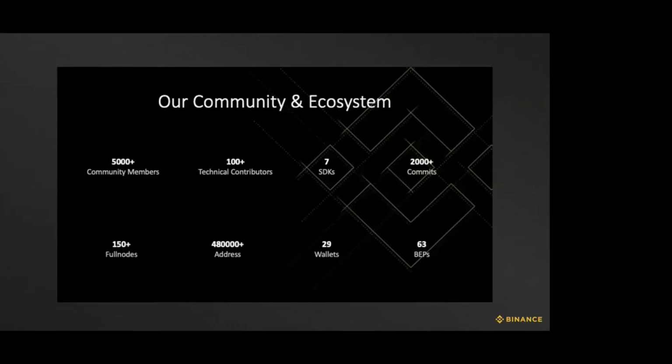Its block height is already over 80 million, and there are about 480,000 addresses. We have a lot of contributors from the community and a large community on Telegram. So you can see that more and more people are joining Binance Chain.